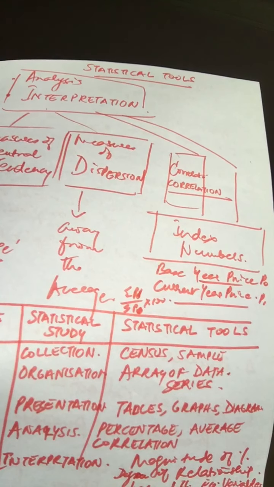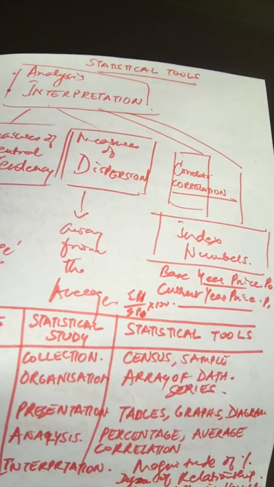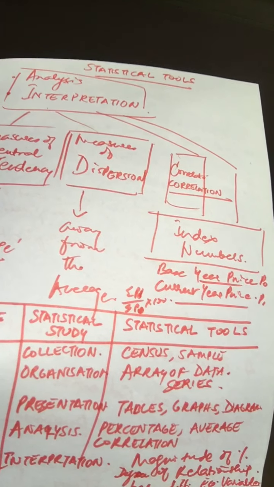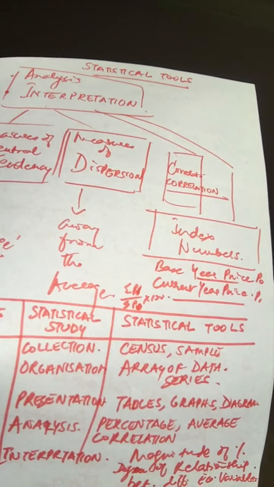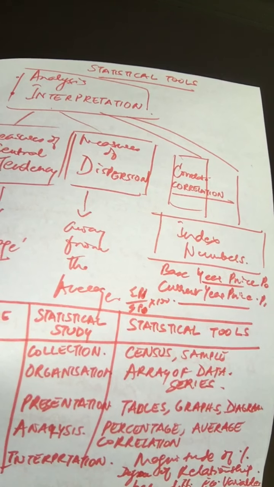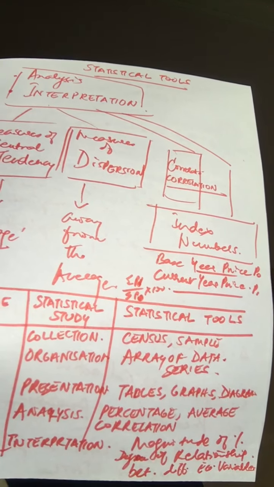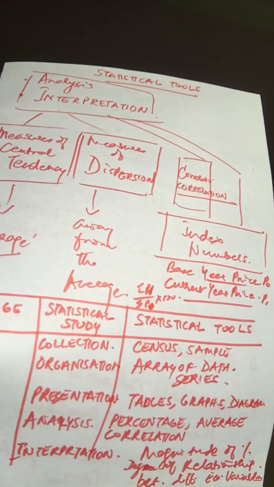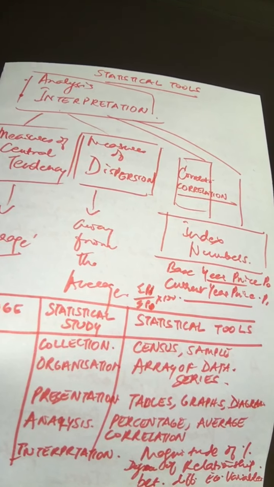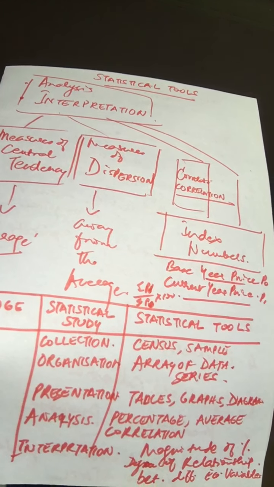Then measures of correlation. In that we have Karl Pearson's method for two-variable ungrouped data, and we also have Spearman's rank correlation. And then of course, very important is index numbers. In that we have the consumer price index, the wholesale price index, the index of industrial production, and the uses of index numbers.